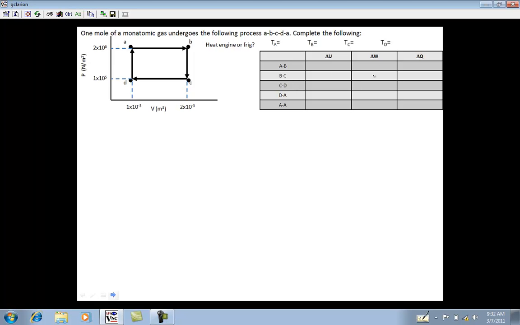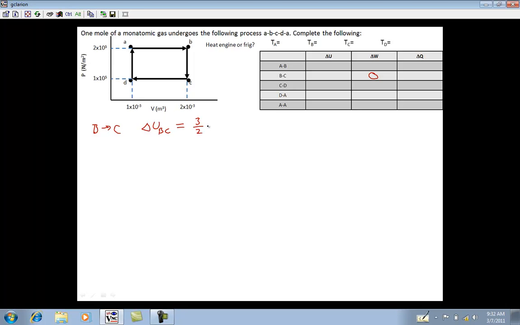Okay, good. That's going to be equal to 0, because I know there's no work. Delta U, so going from B to C, I could figure out delta U using what equation?